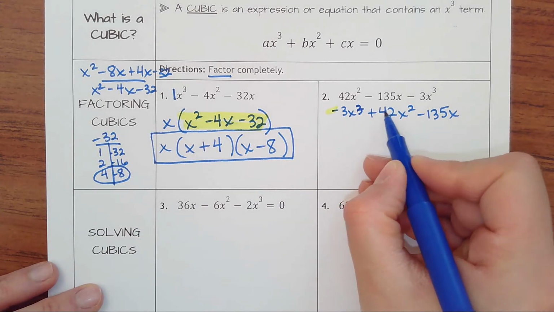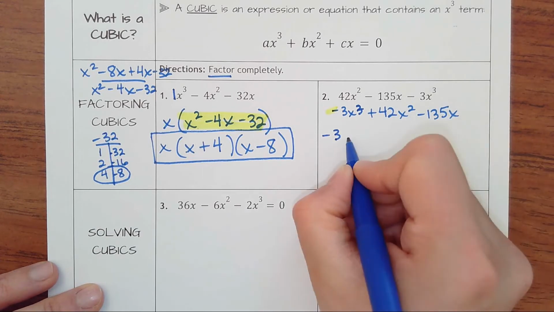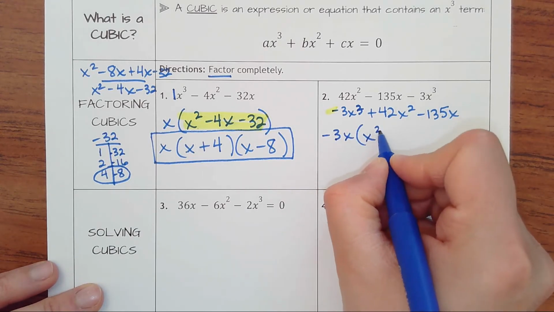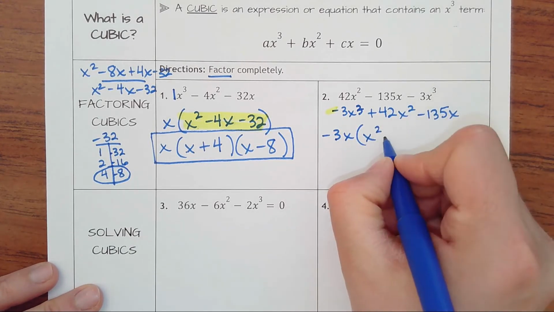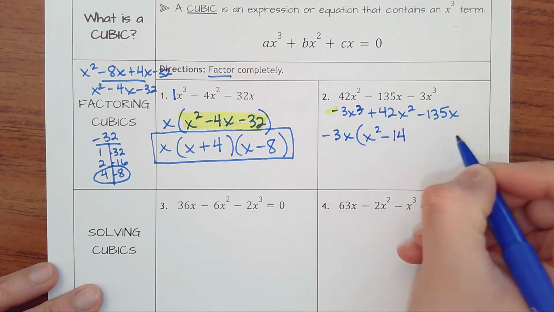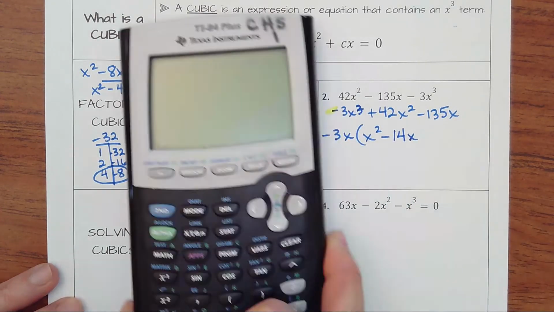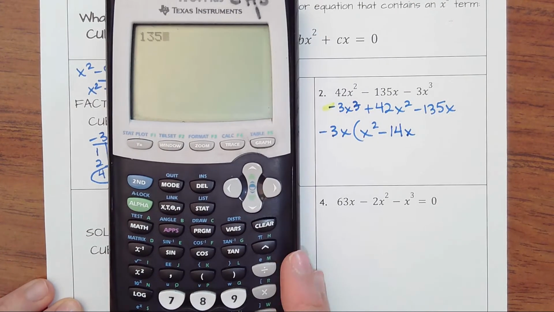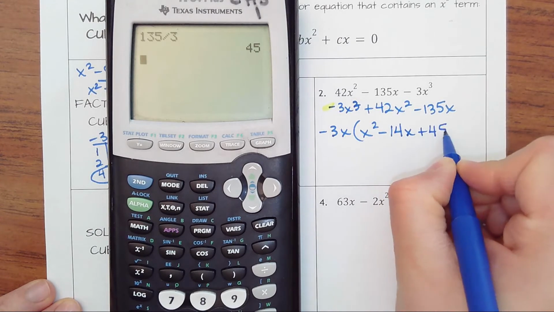All these numbers should be able to divide by 3. So I'm going to actually take out a -3x. That would leave me with an x squared for the first term. 42 divided by -3 is -14x. And then 135 divided by 3 is +45.